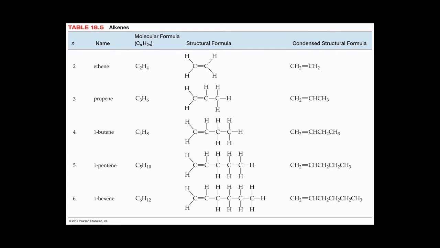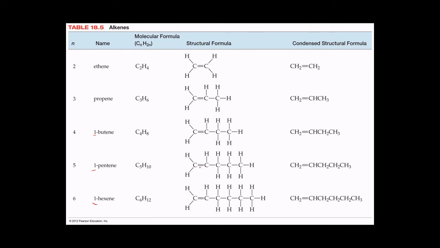So we have ethene, propene, butene, pentene, and hexene. And we also have to specify where the double bond is in the molecule. So you notice here after propene, we start with 1-butene, 1-pentene, 1-hexene.